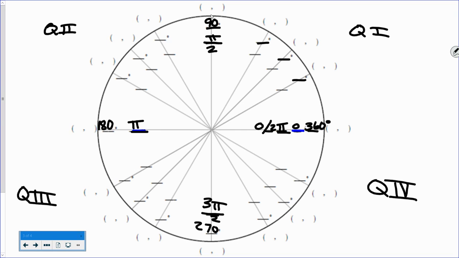Let's come back to quadrant 1 again. I've got this angle here in the middle. That's exactly in between 90 degrees and your 0 degrees, so this is going to be 45 degrees.